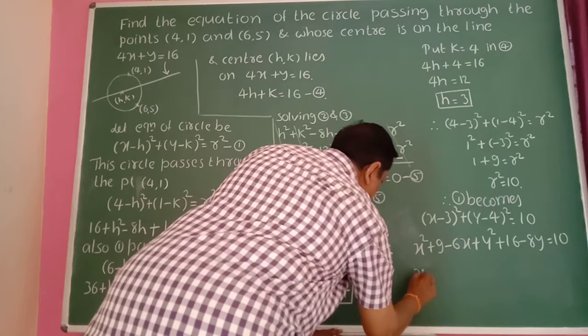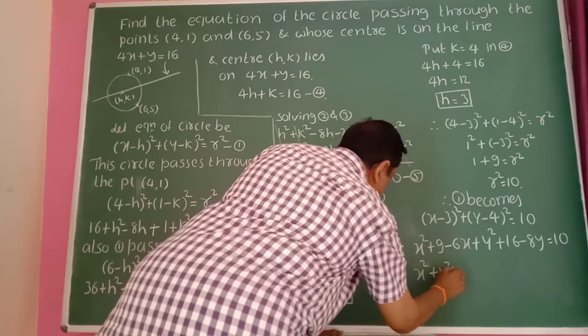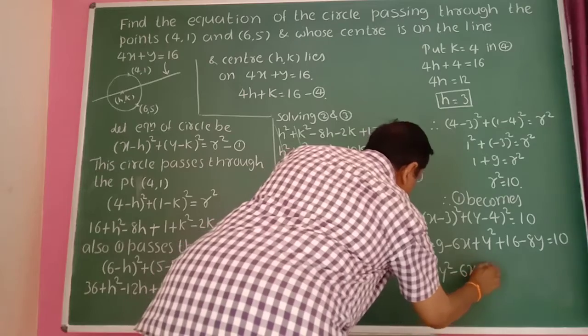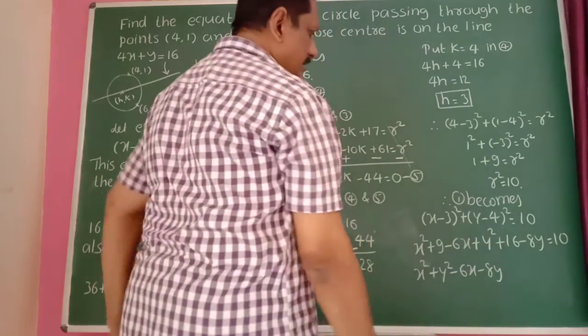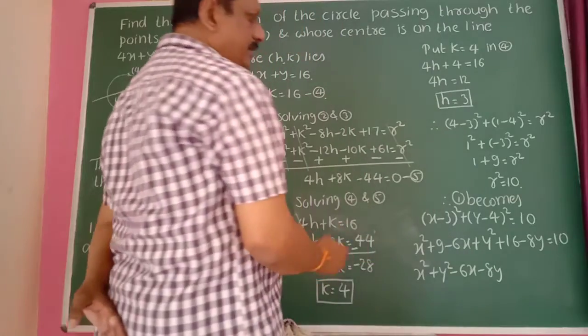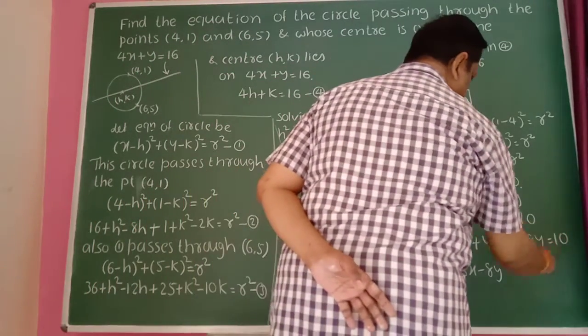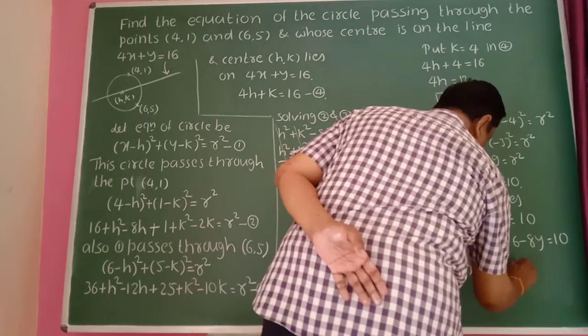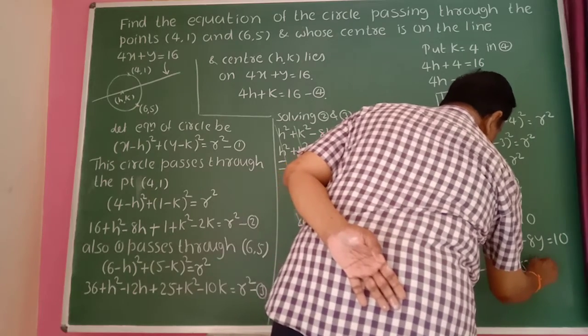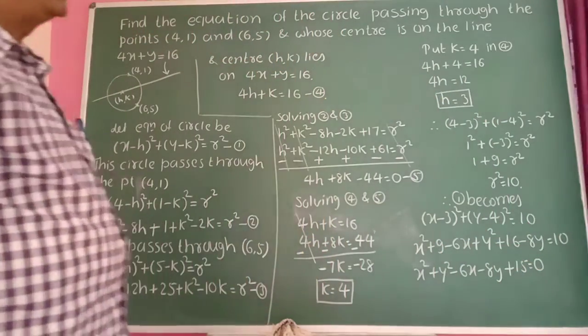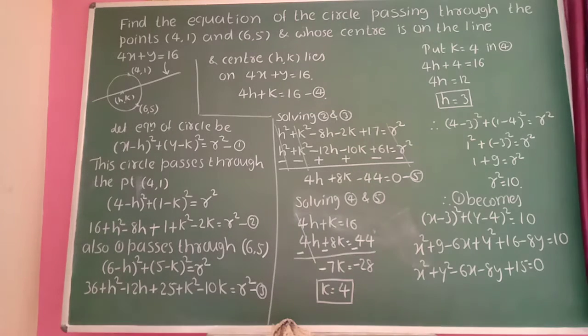Therefore x square plus y square minus 6x minus 8y, 16 plus 9 is 25, transposing 10, 25 minus 10 becomes plus 15, is equal to 0. So this is the equation of the circle. That circle passes through the points 4, 1 and 6, 5, and the center lies on the line 4x plus y is equal to 16.